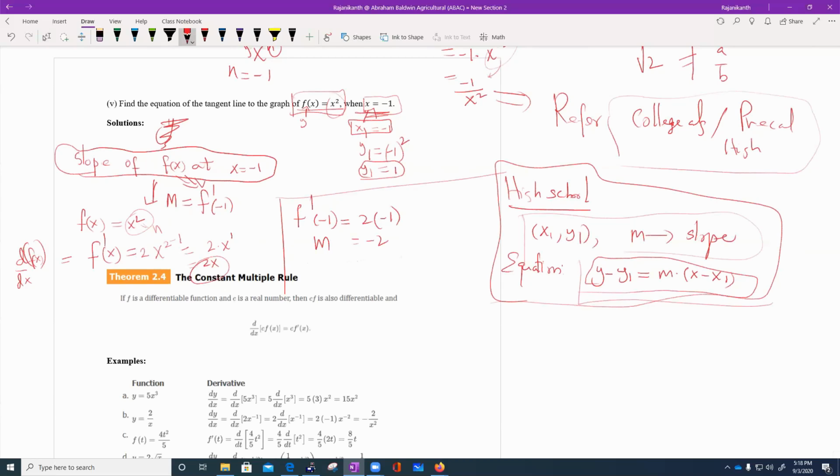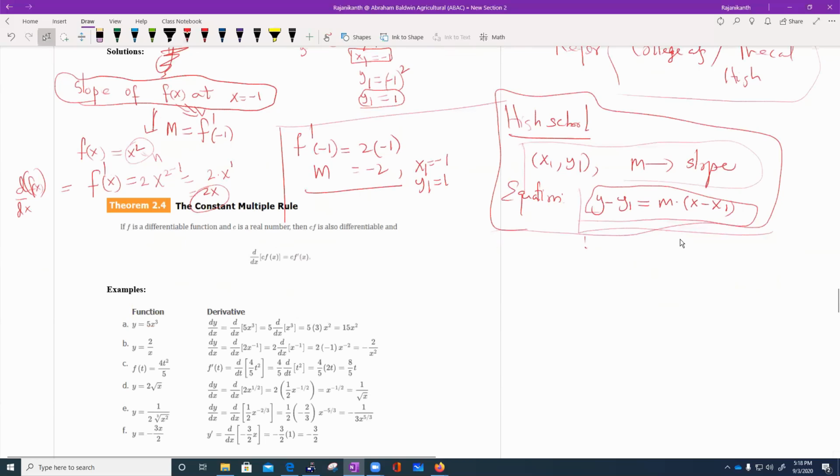Now you know the slope and you know x1, that is -1. You know y1, that is 1. So now it is easy to write down the formula: y minus y1 equals m times x minus x1. Y1 is 1. The slope just now we got is -2. X minus x1 is x minus (-1), so minus into minus is plus 1.